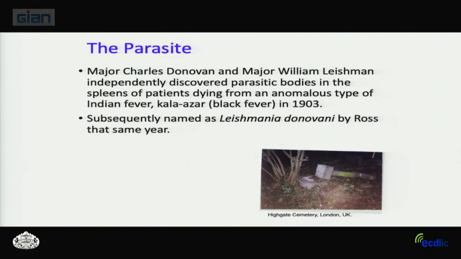And so it was subsequently named Leishmania from Leishman and Donovani from Donovan by Ronald Ross, who was, of course, one of the most famous parasitologists in the world, who had discovered the transmission cycle of malaria.